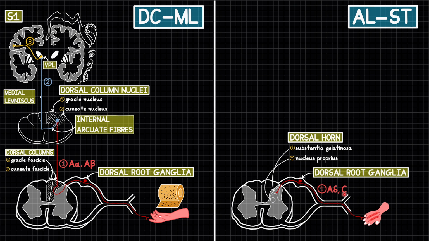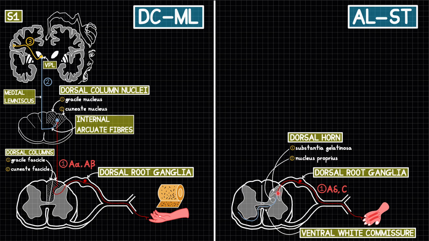So A delta and C versus A alpha and A beta. That's the second difference. So my first order neurons will terminate in the substantia gelatinosa over here, or the nucleus proprius, but in this case the substantia gelatinosa. And what will happen is that they will synapse with the second order neuron in blue.